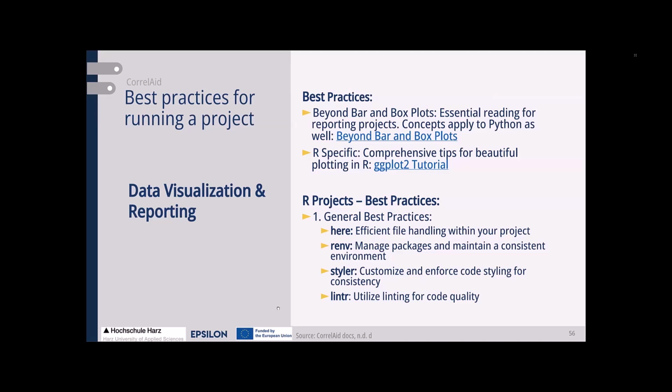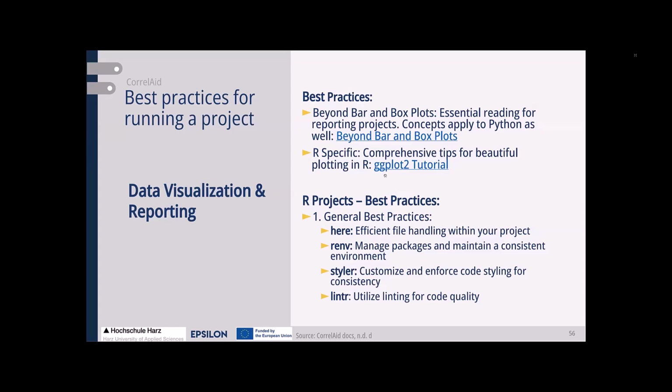If you, for instance, work with R, it should be the ggplot2 tutorial, or in Python, there's a tutorial for bars and box plots. So these are the two best practices if you work with one of the most common programming languages, and do always provide the libraries you are working with.